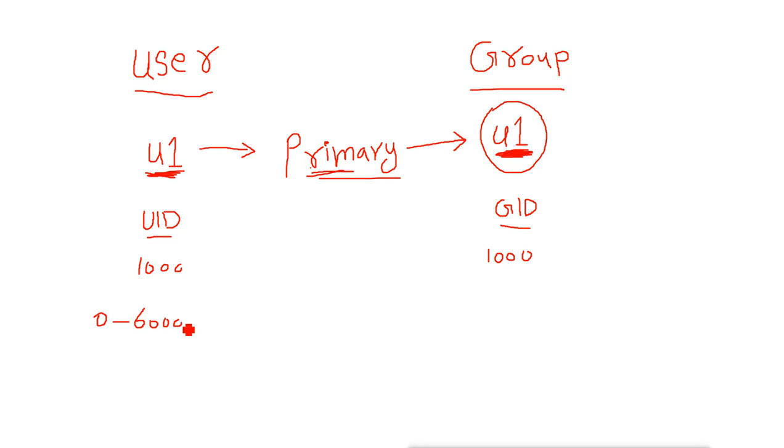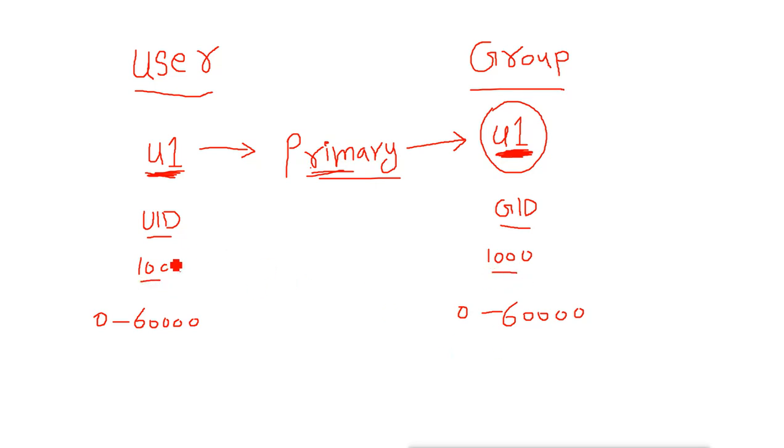It is a default number, but practically it can go beyond 60,000. The same goes for GIDs, we have numbers from 0 to 60,000. So when we create any user or group, they will get a unique ID from this range, a unique ID for the user and a unique ID for the group.